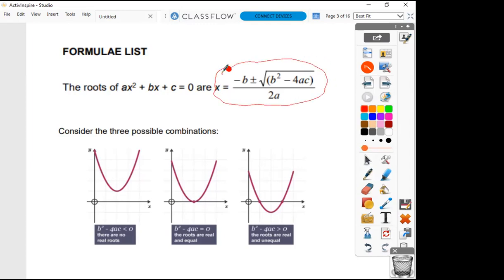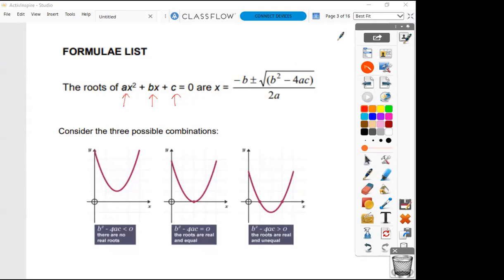This formula in front of you, the roots of our quadratic, where we've got the number in front of the a, the number in front of the b, and we've got a value in at c.